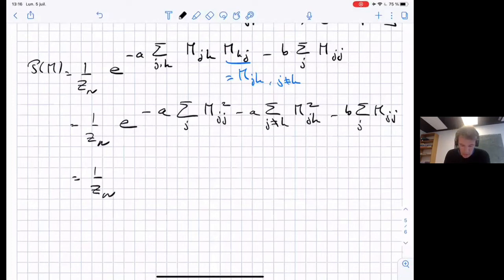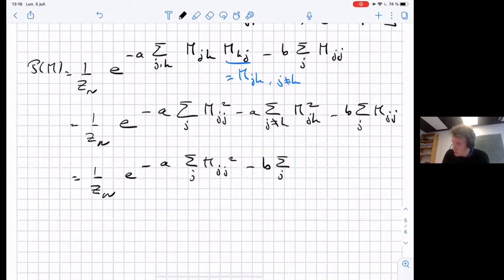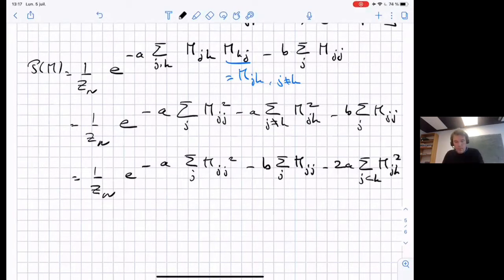So let's maybe first do this. I will just get exponential of minus a sum over j of M_jj squared. So these are just the measure, if you want, on the diagonal terms. And now this sum here, I just rewrite it in a slightly different way, which is minus 2a sum for j strictly less than k of M_jk squared.